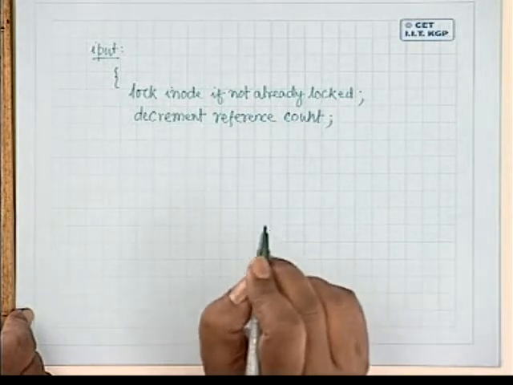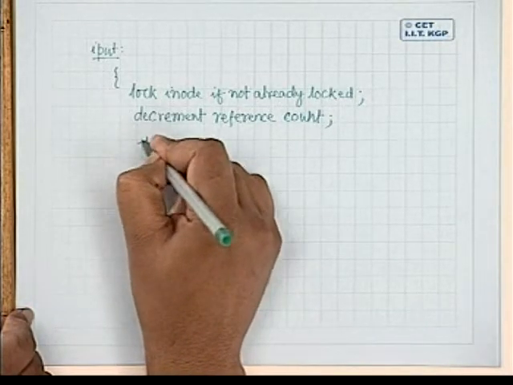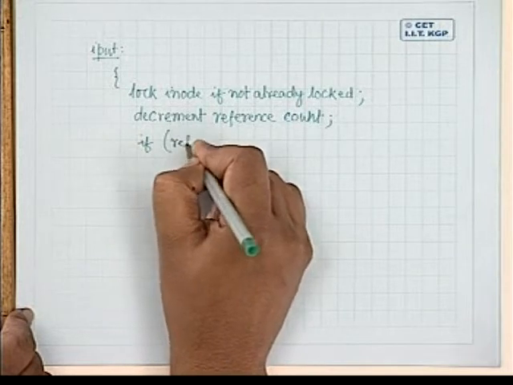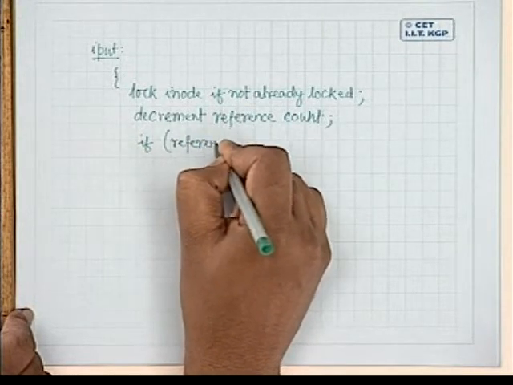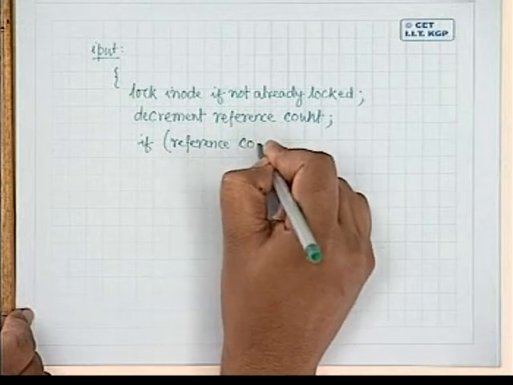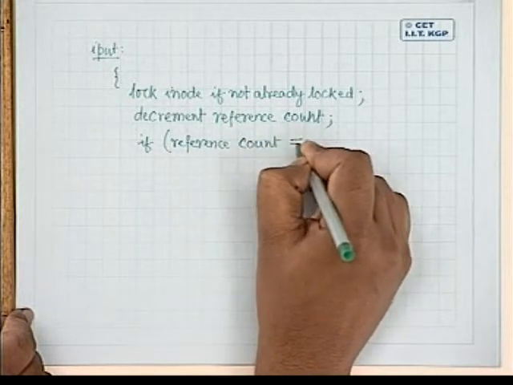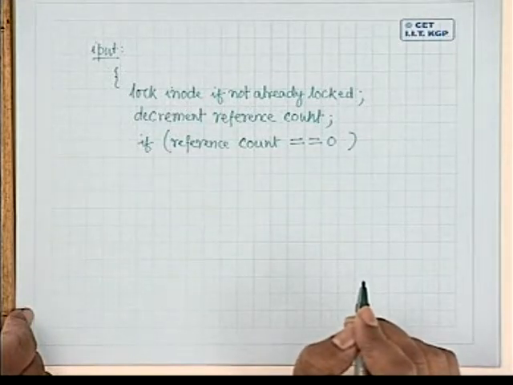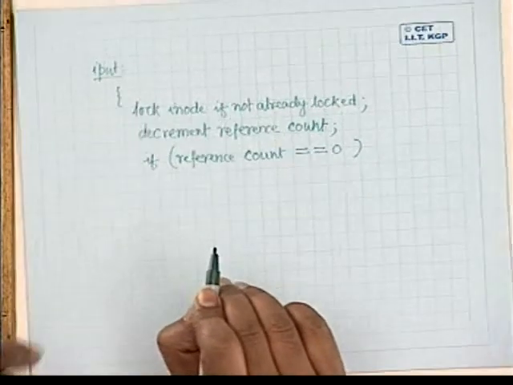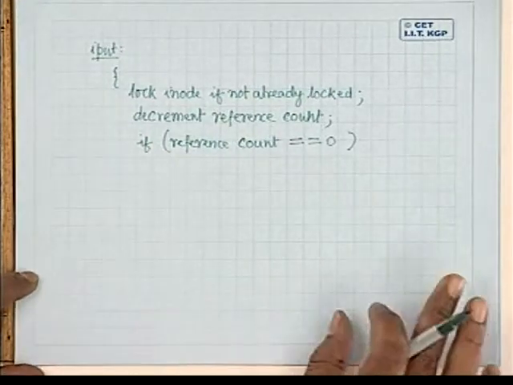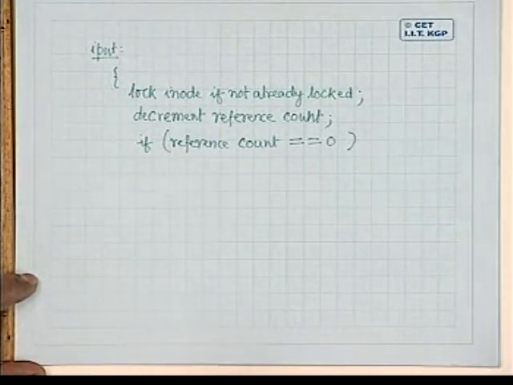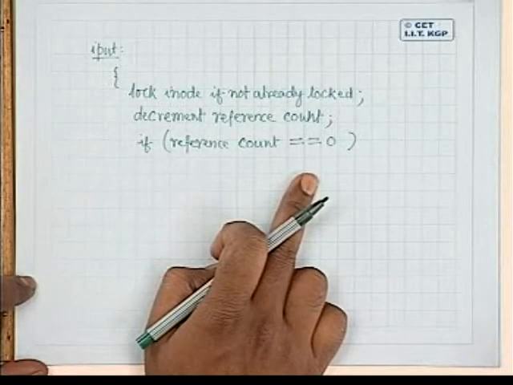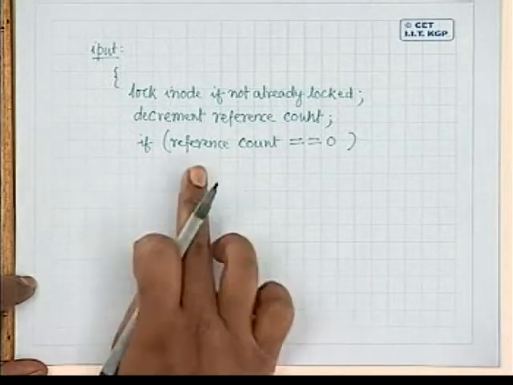After that you check if the reference count is equal to 0. If the reference count is equal to 0, in that case the inode has to be put onto the free list. Before putting it onto the free list, there is a possibility that this inode may be overwritten by a new disk inode, so I have to check.